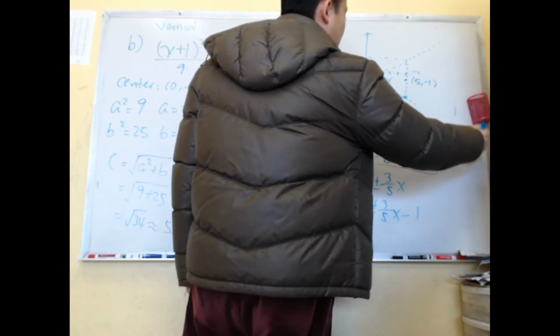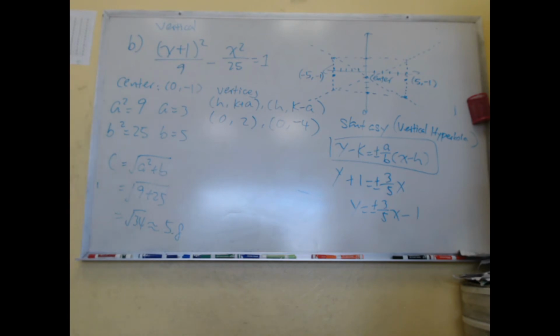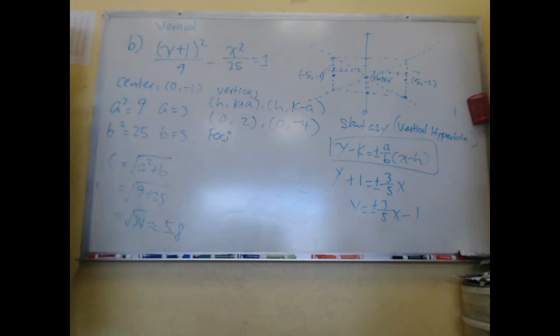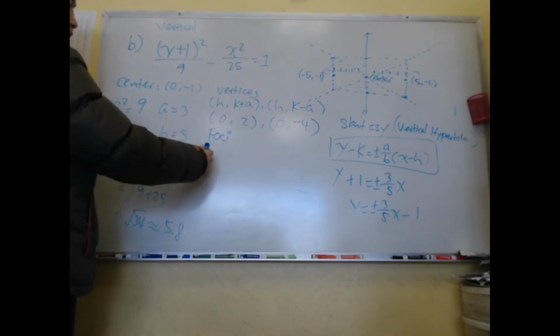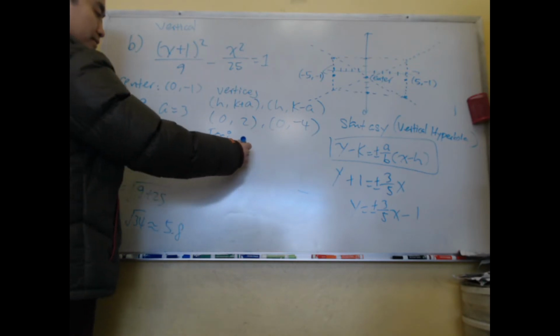So it doesn't matter what kind of hyperbola that we have, just follow through the structure. Okay? The formula, the center, the way to find the foci. Oh, we need to find the foci. So what are those two? So what are the foci? So h comma k plus c, right?